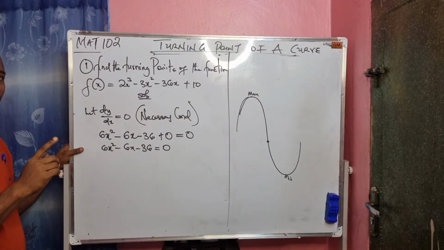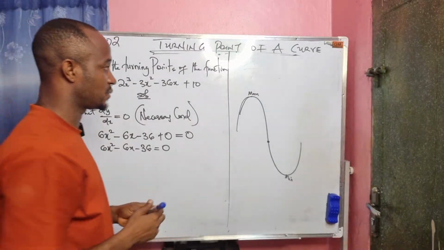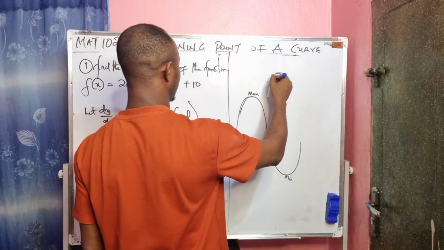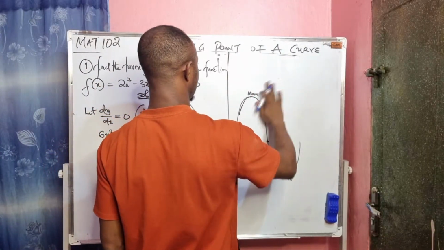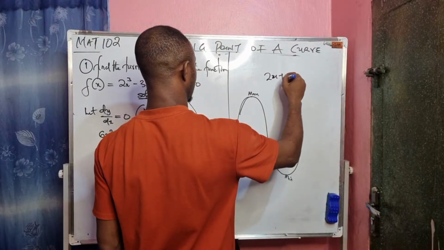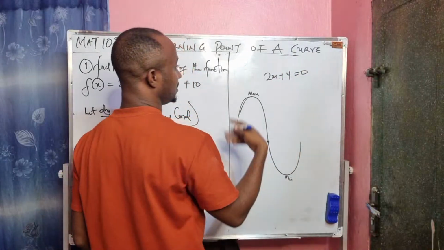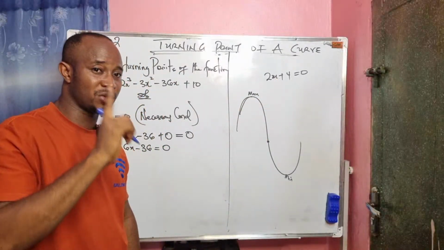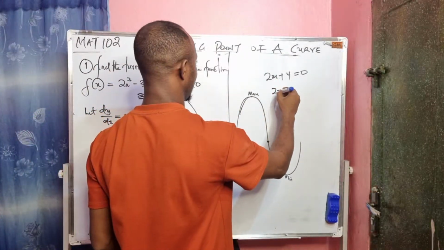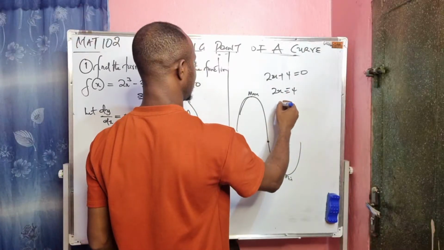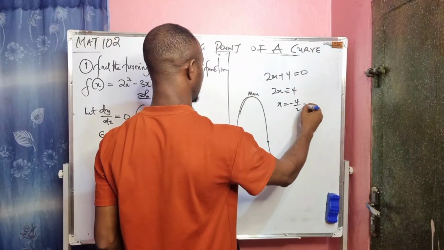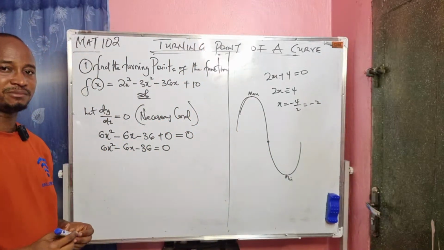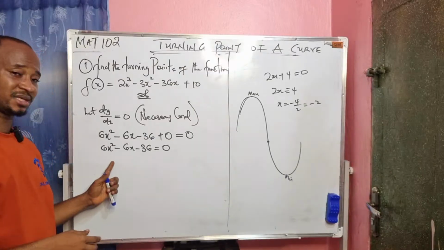If the degree of the function is 1, for example 2x plus 4 equals 0, the power of x is 1, so we have only one possible answer: 2x equals minus 4, so x equals minus 4 over 2, which is minus 2. But for this, because I have squared, there are 2 possible values of x.